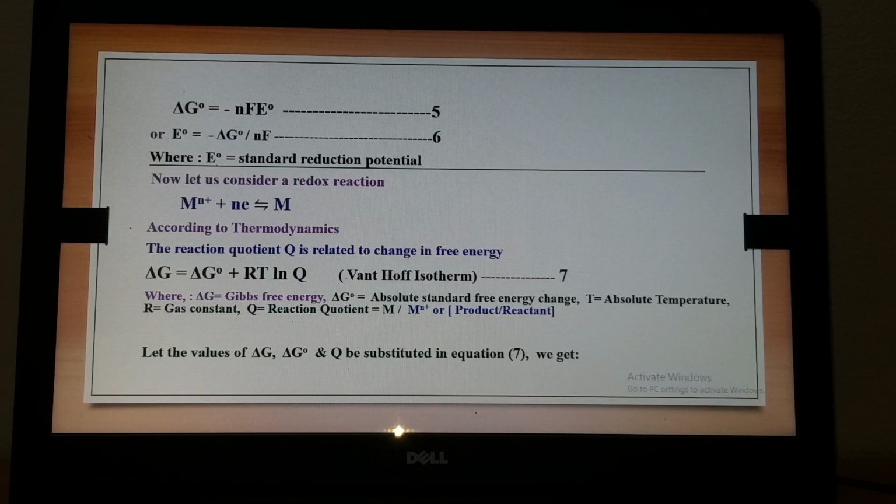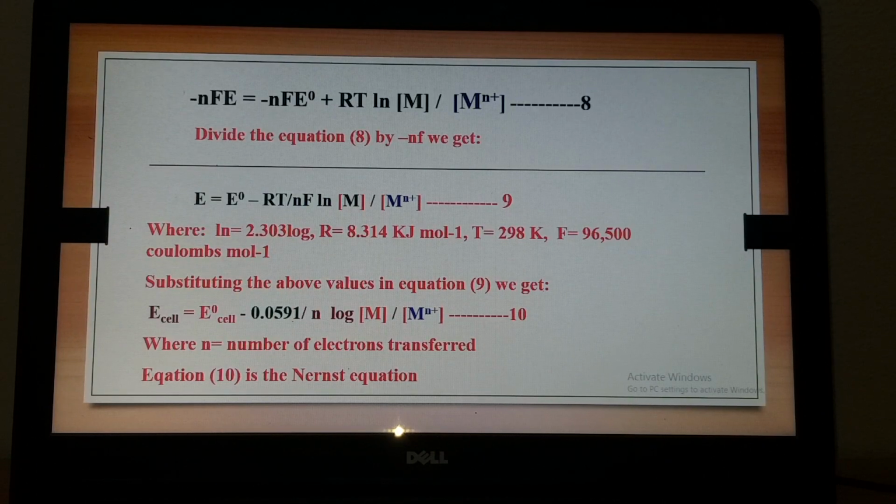Now, let us substitute the values of delta G naught and Q in the van 't Hoff isotherm, equation number 7. We get minus nFE is equal to minus nFE naught plus RT ln M by M n+, product by reactant, and let it be equation number 8. Now let us divide equation number 8 by minus nF on both sides.